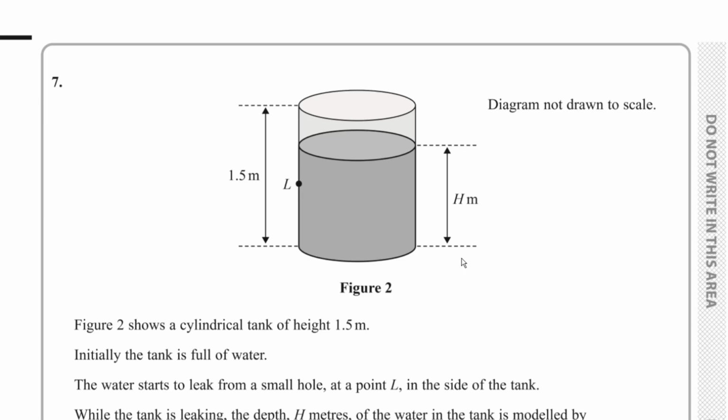Question number 7. Figure 2 shows a cylindrical tank of height 1.5 meters. Initially, the tank is full of water. The water starts to leak from a small hole at a point L in the side of the tank. We see that small hole here.